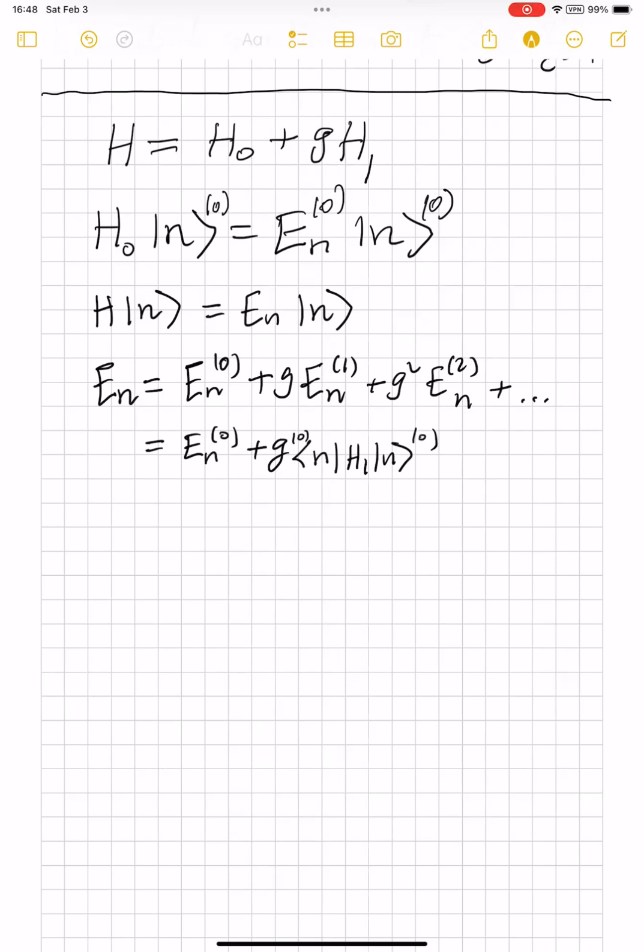And let me write down the term coming from second order perturbation theory. There's a sum over m here, which means it's a complete sum of all possible states that could contribute.